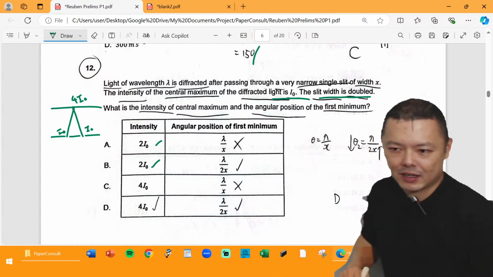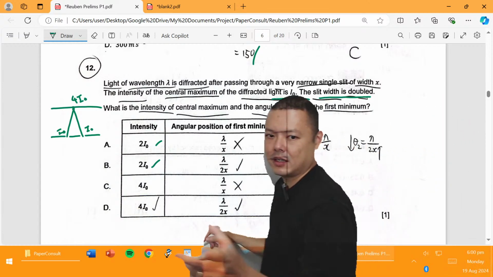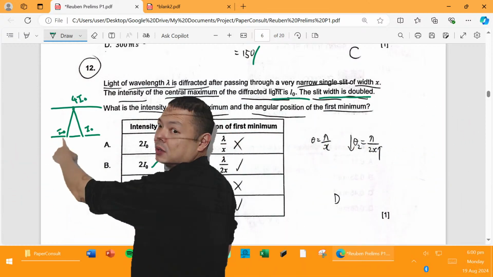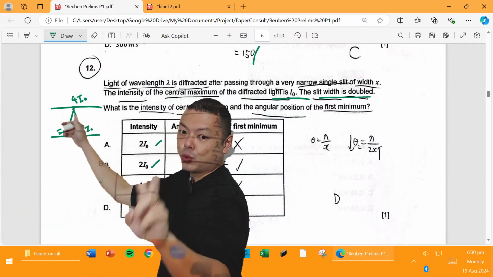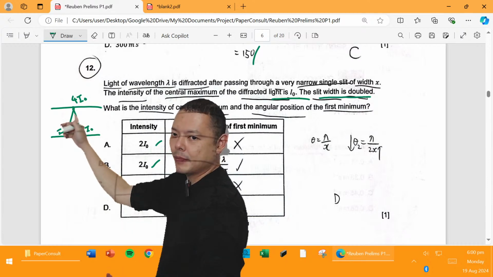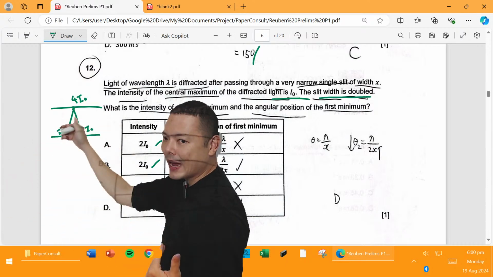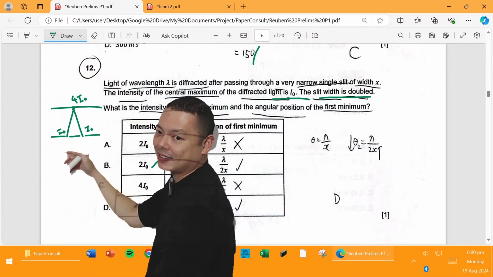Do you remember why? Because it's amplitude plus amplitude. So the bright central fringe has 2 times the amplitude, but intensity is amplitude squared, so it becomes 4 times the intensity.